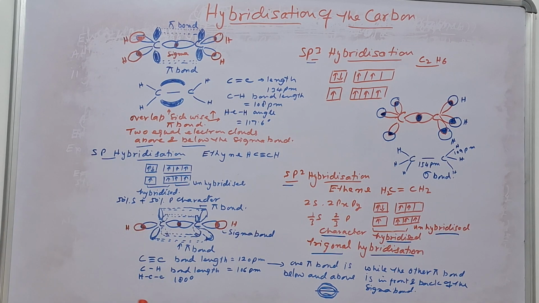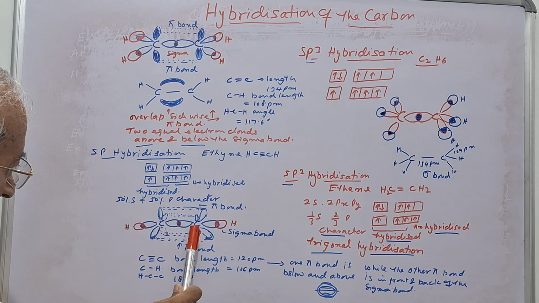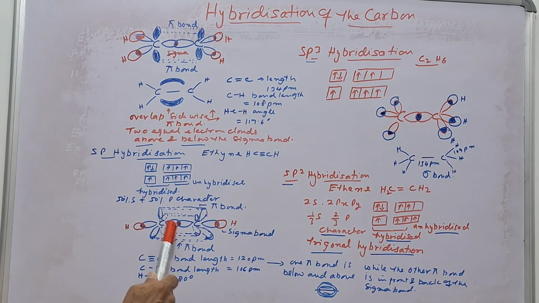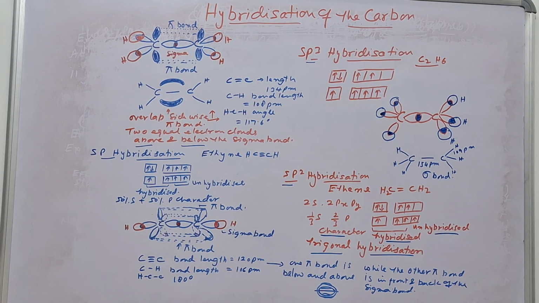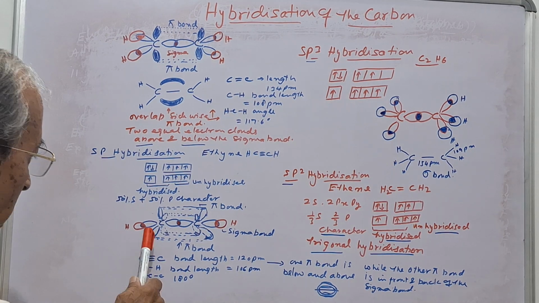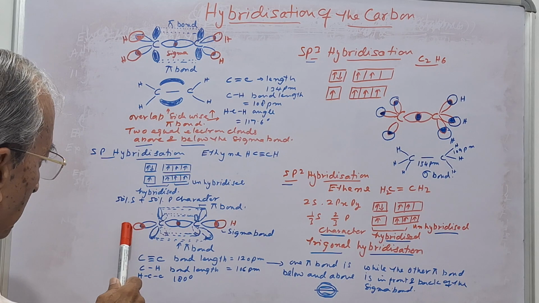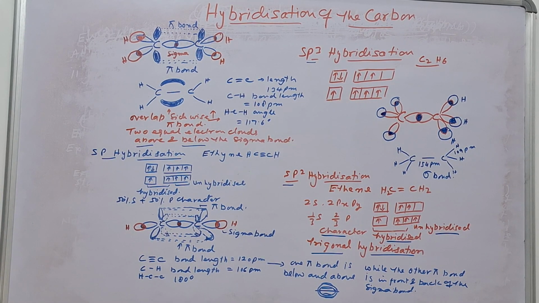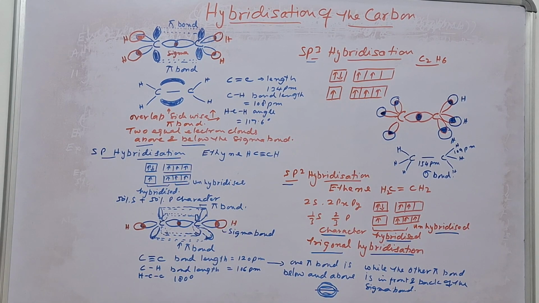Now in this case, one hybridized orbital of one carbon atom overlaps the hybridized orbital of the other carbon atom to form a sigma bond. Here the overlap is axial, and the other hybridized orbital forms a sigma bond with the 1s of the hydrogen atom. Now what happened to the two unhybridized orbitals?